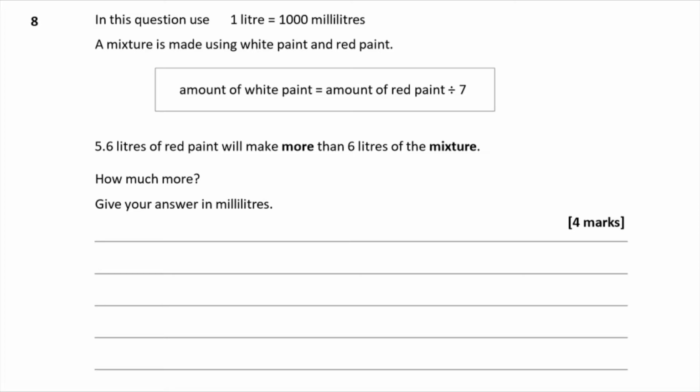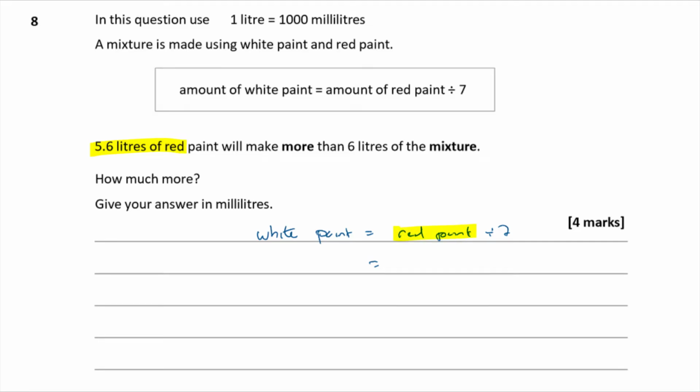Right, okay, well the mixture is made up of the red paint and the white paint added together, isn't it? And we're told that we're using 5.6 litres of the red paint. So how much white paint is required? The amount of white paint is going to be the amount of red paint divided by 7, isn't it? And we know that the amount of red paint is given as 5.6 litres.